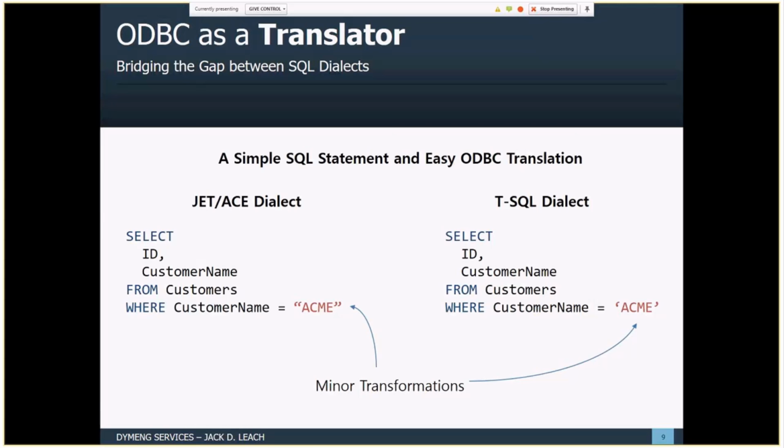So these are some of the very minor things that the ODBC will recognize and interpret and handle accordingly. It'll make that translation, and when it's received on the SQL Server end, it'll be fixed up so that SQL Server can understand it, and it'll give us our results back.